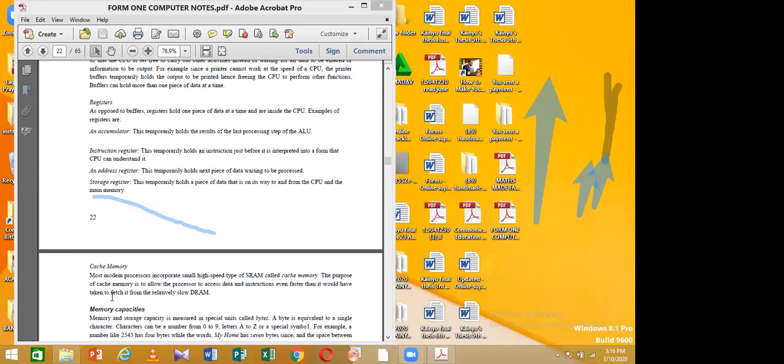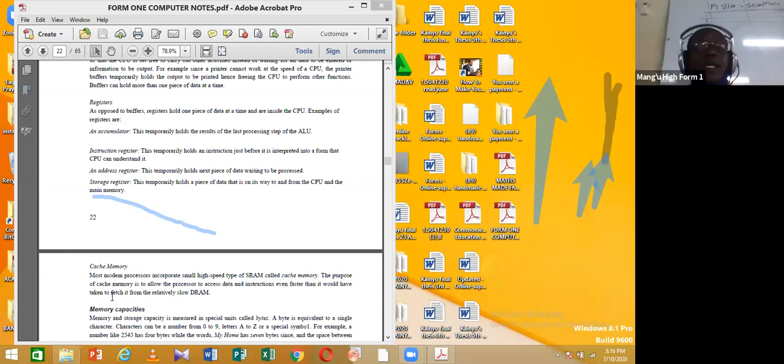Now, cache memory, on the other hand, works directly with the CPU. Sorry for that pause. Cache memory works with the CPU also. And it's also made of static RAM.